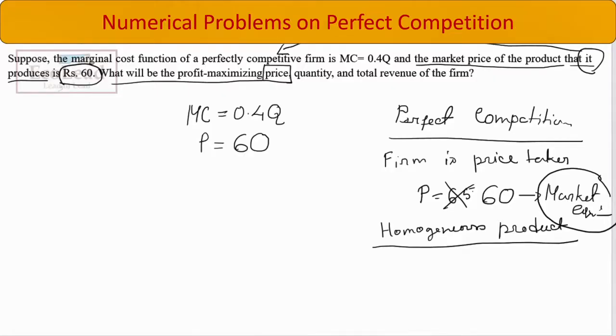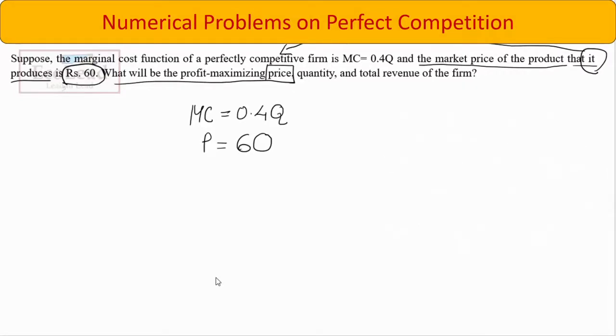Now the second question: find the profit maximizing quantity. The profit maximizing quantity's condition is that MR, or marginal revenue, is equal to the marginal cost.